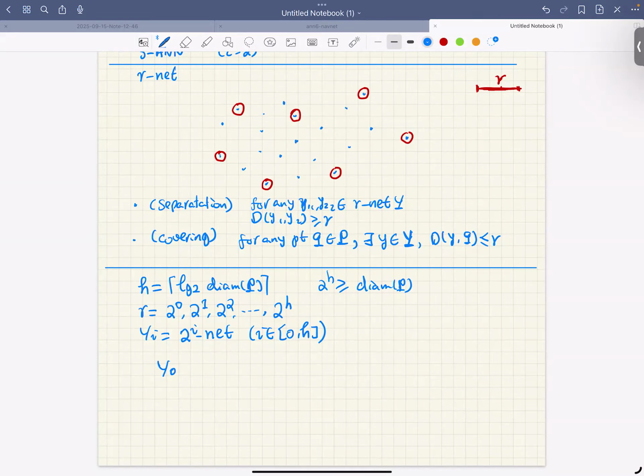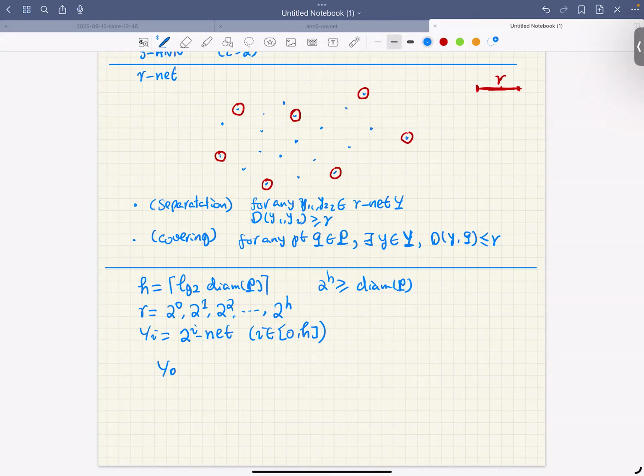But wait, that's not quite possible, because I said before that the smallest inter-point distance is defined to be 2. That's the reason why I needed that. Let's say you are a point and you want yourself to be covered. You cannot rely on finding another point at distance at most 1 from you, because you cannot find such points at all.